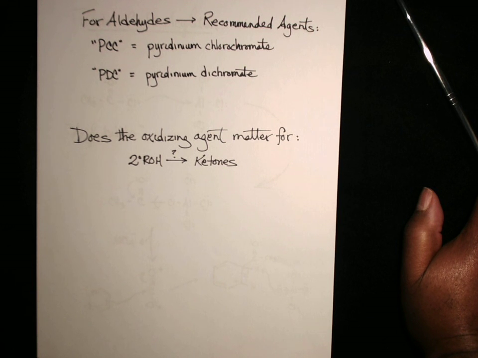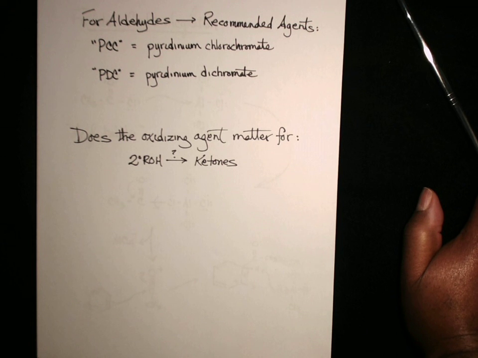There are two agents that are usually recommended in a situation like this. One is pyridinium chlorochromate, or PCC for short, and the other is called pyridinium dichromate, or PDC.